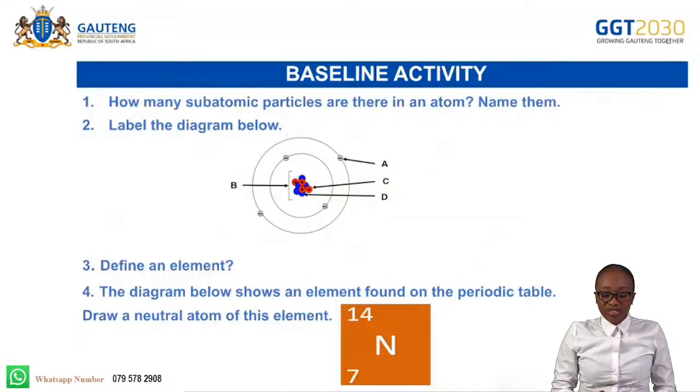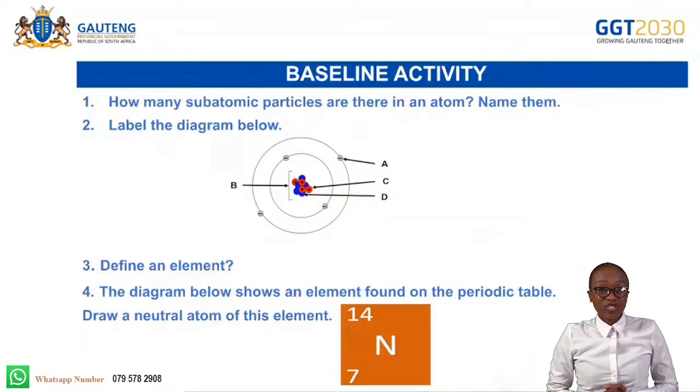You need to give labels for A, B, C, and D. Number 3: Define an element. Question number 4: The diagram below shows an element found in the periodic table. Draw a neutral atom of this element. Take 5 minutes to do this activity. Then after 5 minutes, we will do the solutions together.